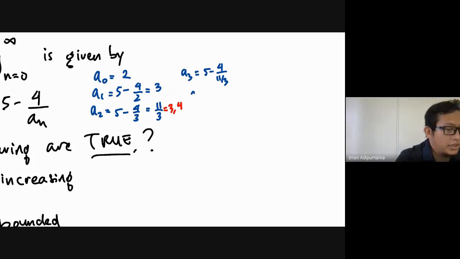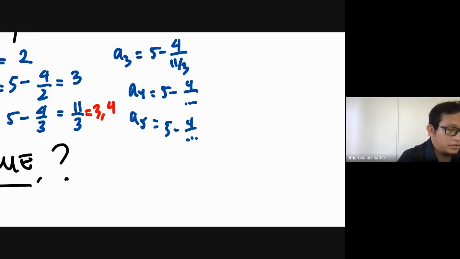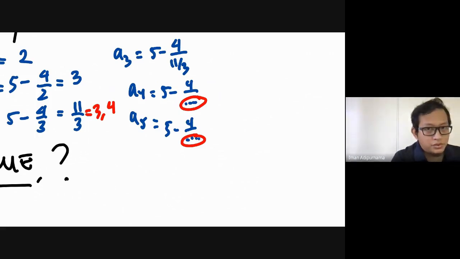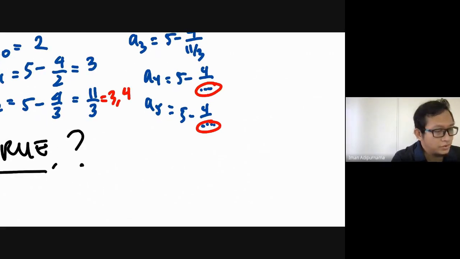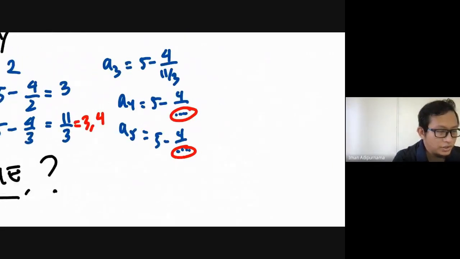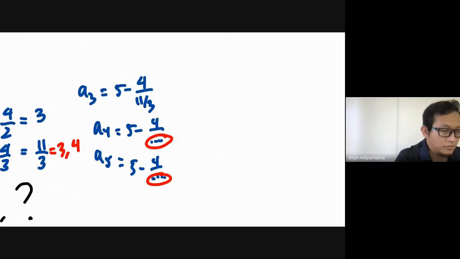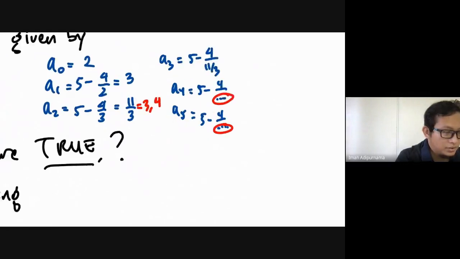And if you check A4, A5, you will see that the value is getting closer, closer, closer to 4.